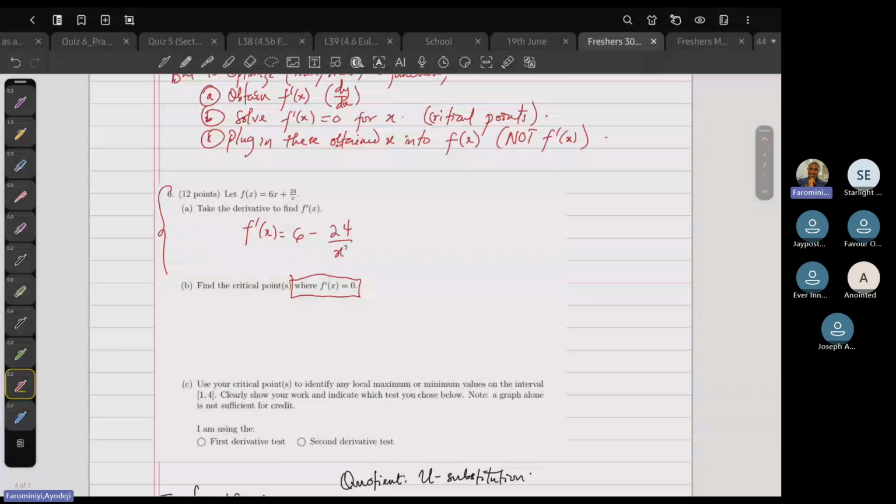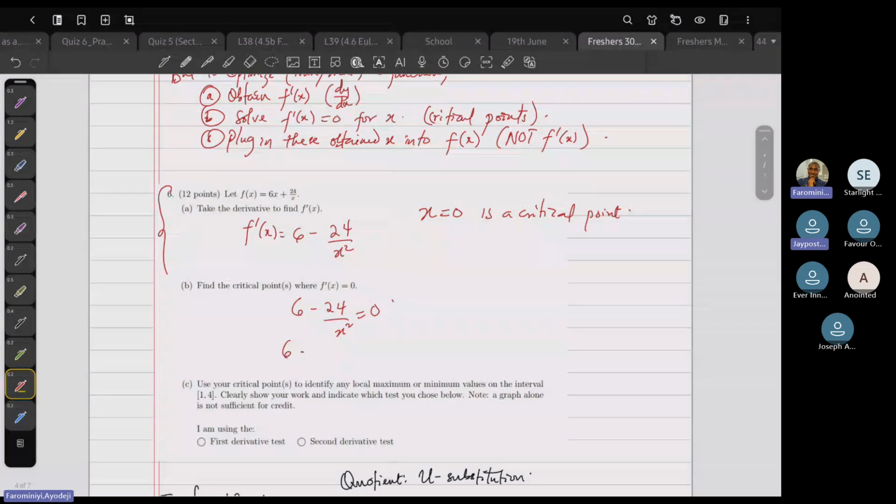To find the critical points, first and foremost, what value of x will make this undefined? So x equals 0 is a critical point. Do you understand? Yes, sir. Because when you plug in 0 here, you get an undefined situation. Then the other critical points are gotten by setting this equal to 0 and solving for x.